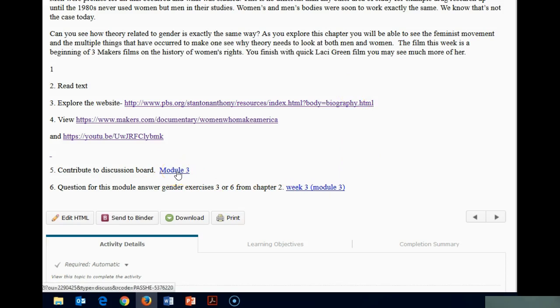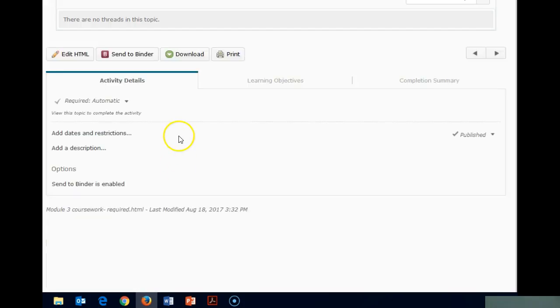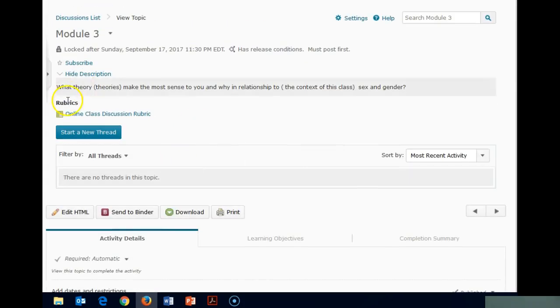Do not forget your initial post needs to be done by Wednesday at 11:30 at night, and you will be talking about what theories make the most sense to you and why in relationship to the context of this class, especially what you've seen within the book.